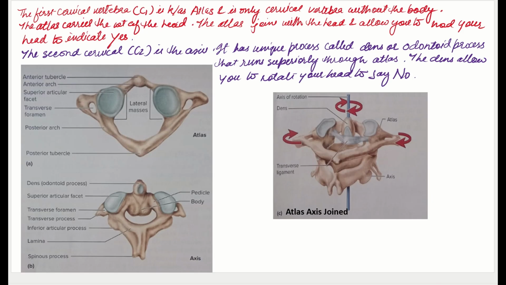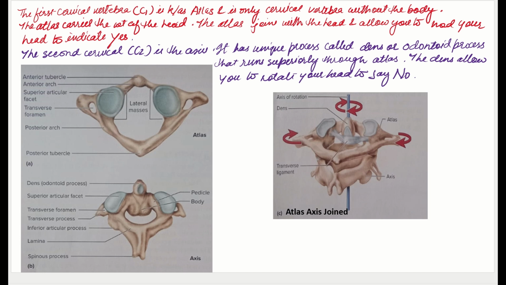The next feature that contributes to the vertebral column is the atlas and the axis. These are located at the cervical vertebrae. The first cervical vertebra is known as the atlas, and it is the only cervical vertebra without a body. The atlas carries the weight of the head, and it joins with the head and allows you to nod your head to indicate yes.